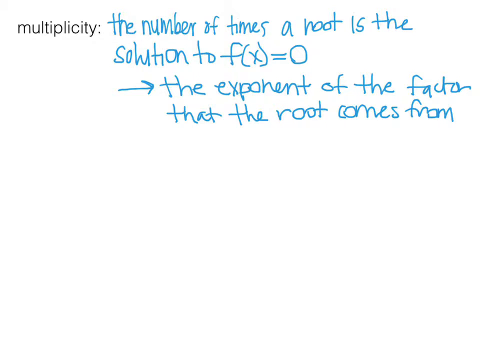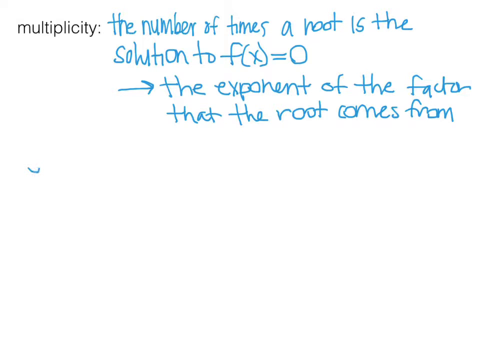One thing hopefully you noticed as we were looking at the different graphs is some of the graphs touched the x-axis at the root. Some of them crossed through. The thing that determines whether it's going to cross through or simply just touch is that multiplicity.